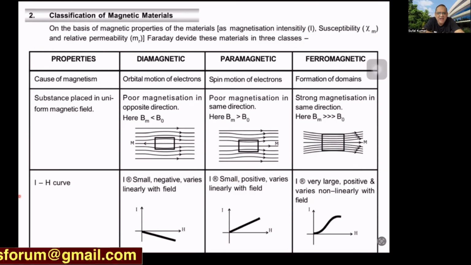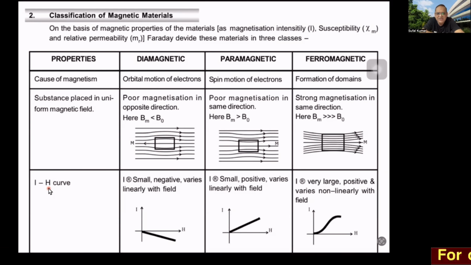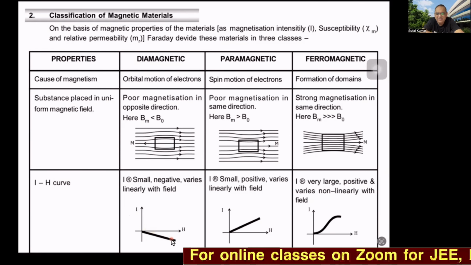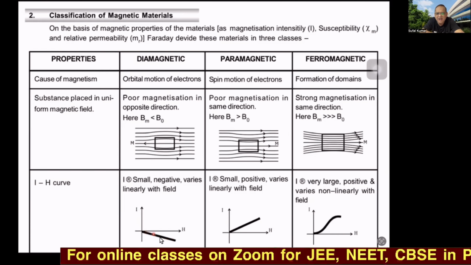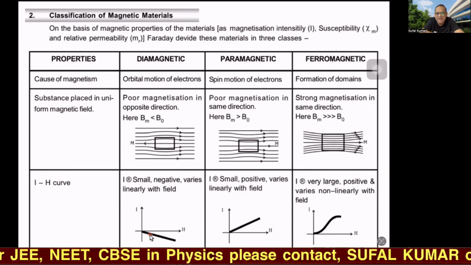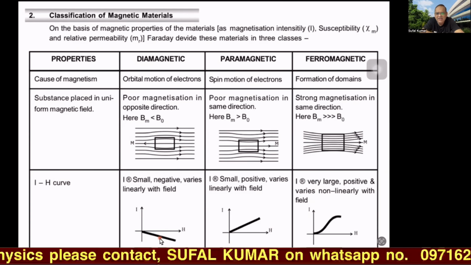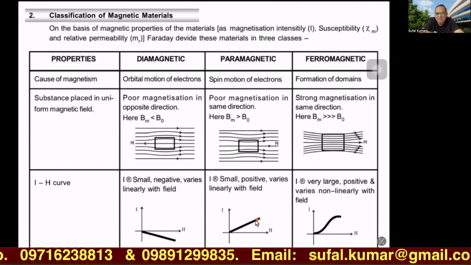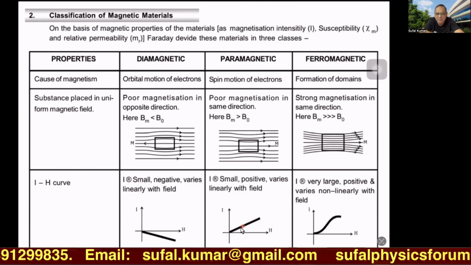And last, the I-H curve. I means intensity of magnetization versus H, magnetic intensity. For diamagnetic, small negative, varies linearly with field. This shows the graph is in the fourth quadrant. It shows it is negative but linear variation. But for paramagnetic, it is linear variation only but positive.